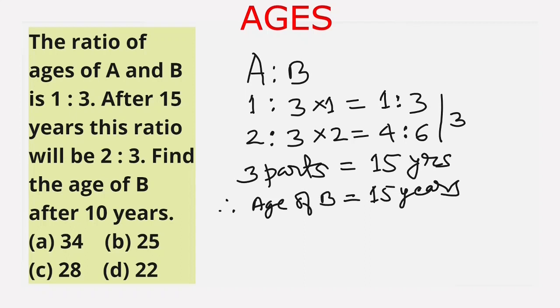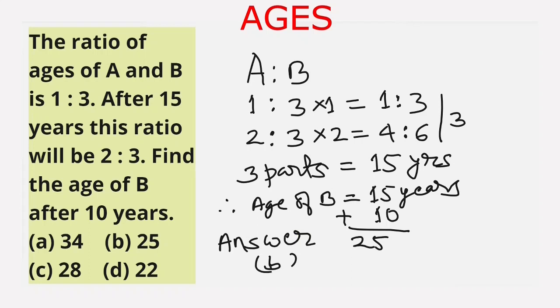Now what will be its age after 10 years? So we add 10 to 15 and we get 25 years. Thus after 10 years the age of B will be 25 years. And from the given options, our answer is option B.